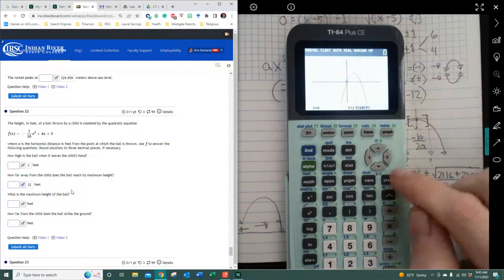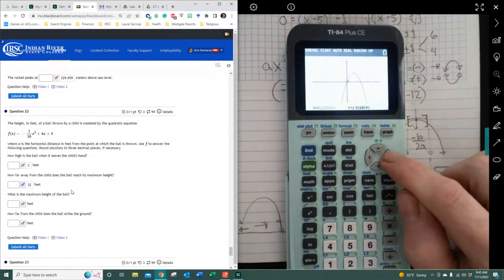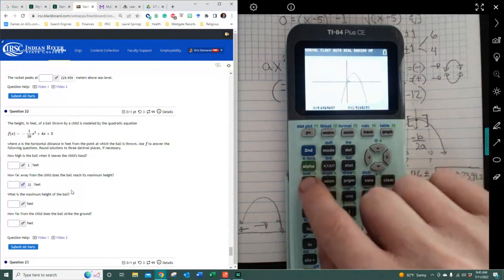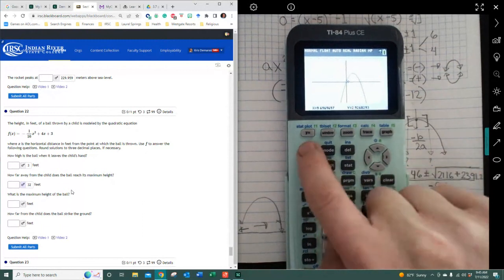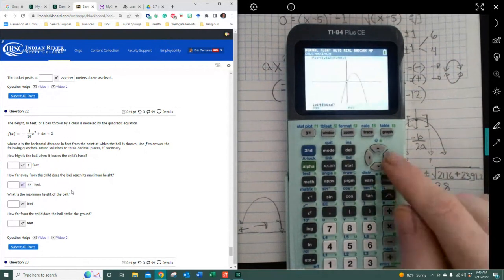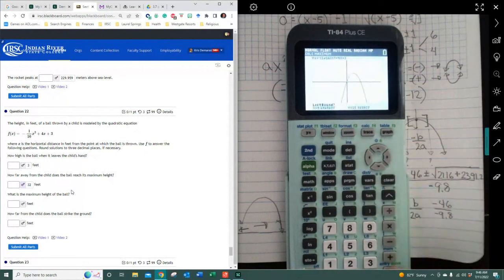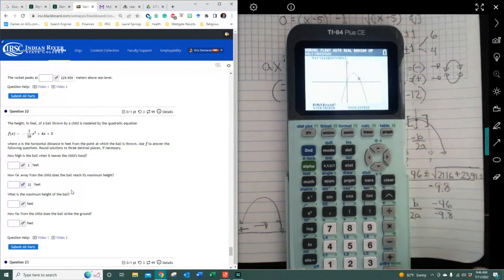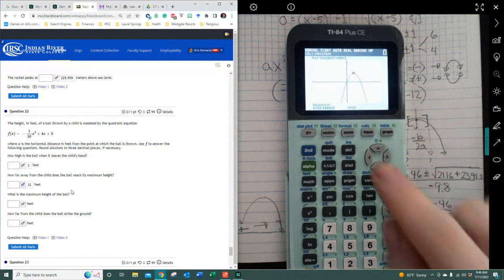Okay, now I want to go ahead and calculate for the maximum height again. So I hit second, trace, which is calculate, and I want to hit maximum. I want to be left of the highest point, then right of the highest point, anywhere, it doesn't matter, and then hit enter.